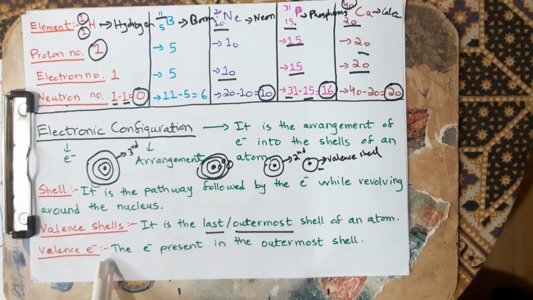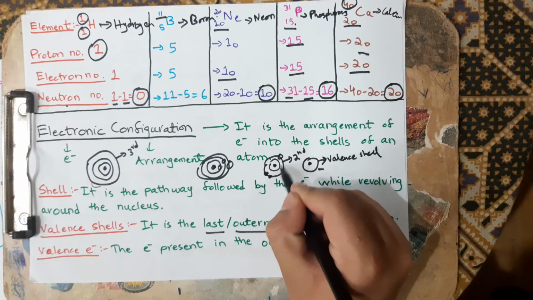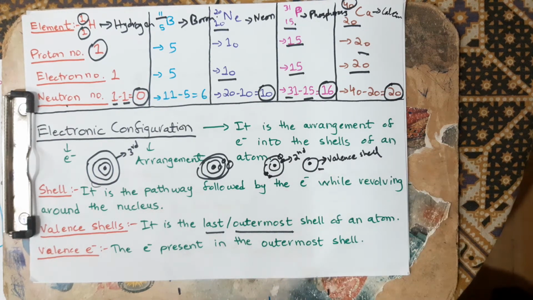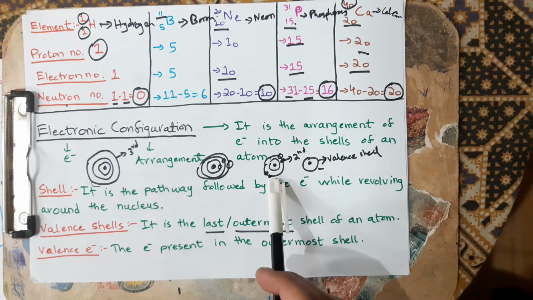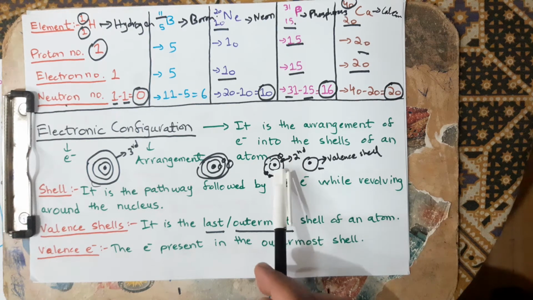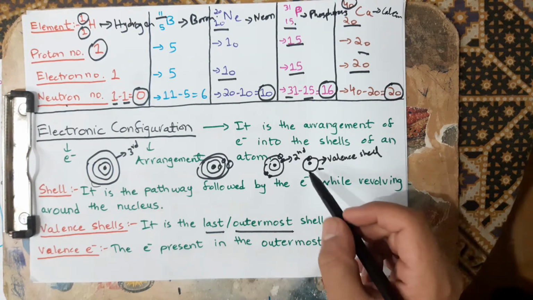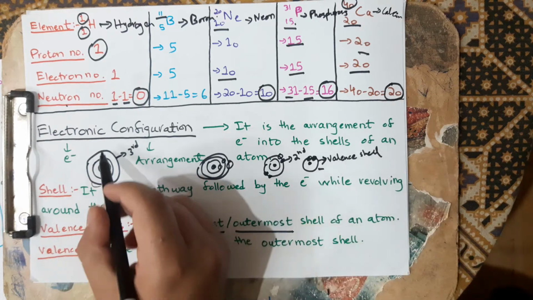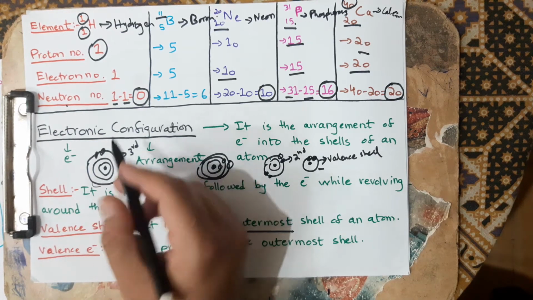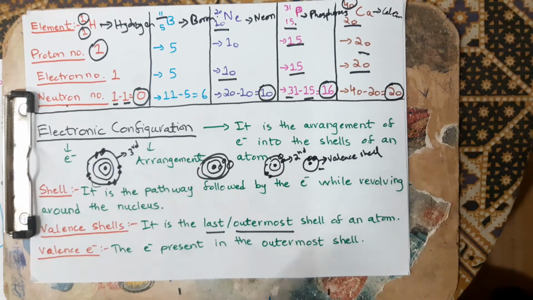And now what are valence electrons? Valence electrons are those electrons which are present in these shells. Like if I say that there are 4 electrons in the second or valence shell of this atom, you say that there are 4 valence electrons present in this atom. Likewise, here 1 valence electron, 2 valence electrons, 3, 4, 5, 6, 7 valence electrons, 8 valence electrons.